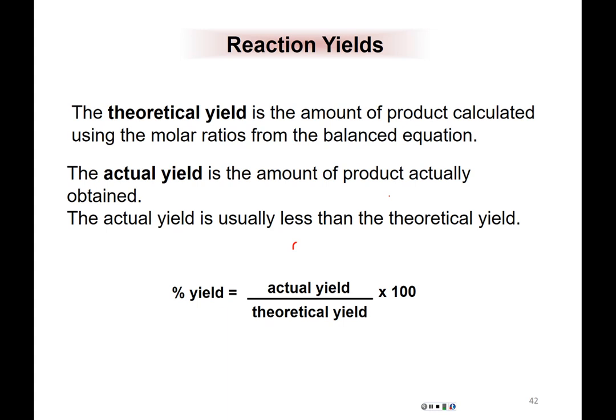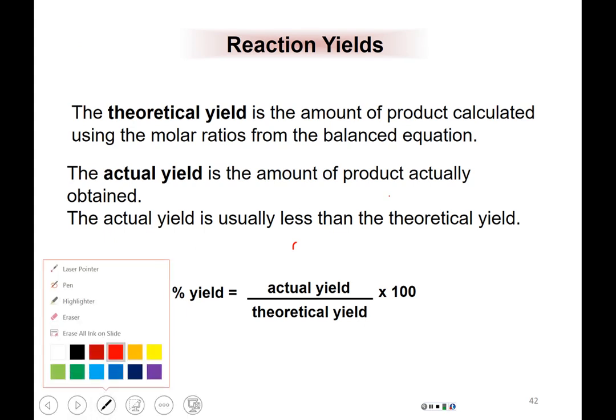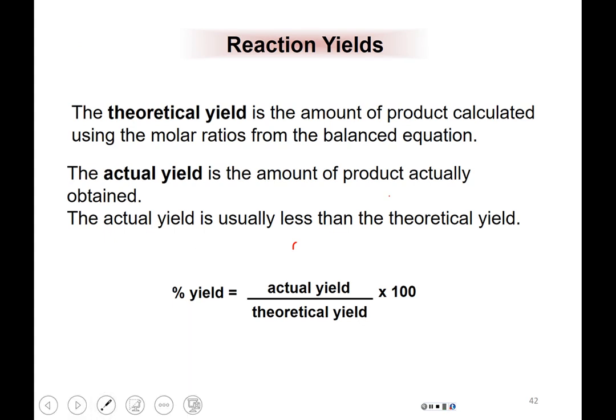And you can calculate what's known as a percentage yield, which you may have done before in high school chemistry lab. That's where you take your actual yield of product, divide it by the theoretical yield, and multiply by 100, and you get your percentage yield.